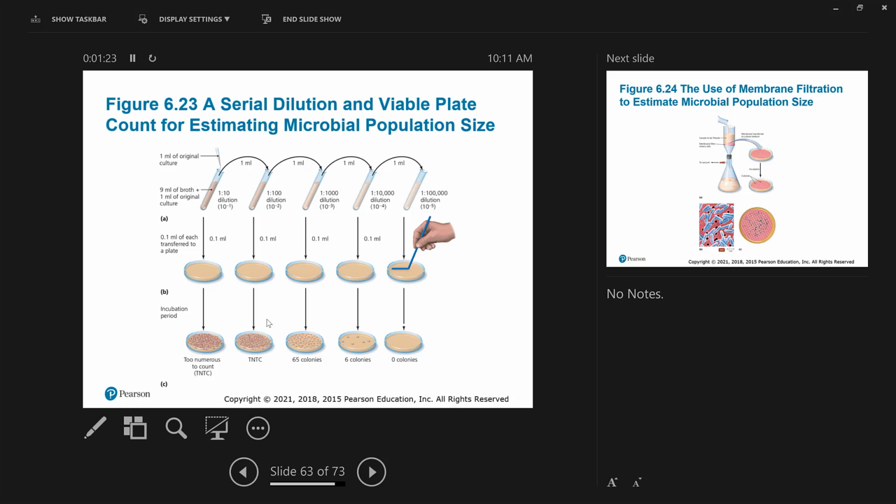In lab, you have a tube of some microbe. If you're using the lab kit, the microbe that we're using is yeast. You have a tube of an active culture of yeast, and you want to know how many yeast cells are in 1 milliliter of this tube.